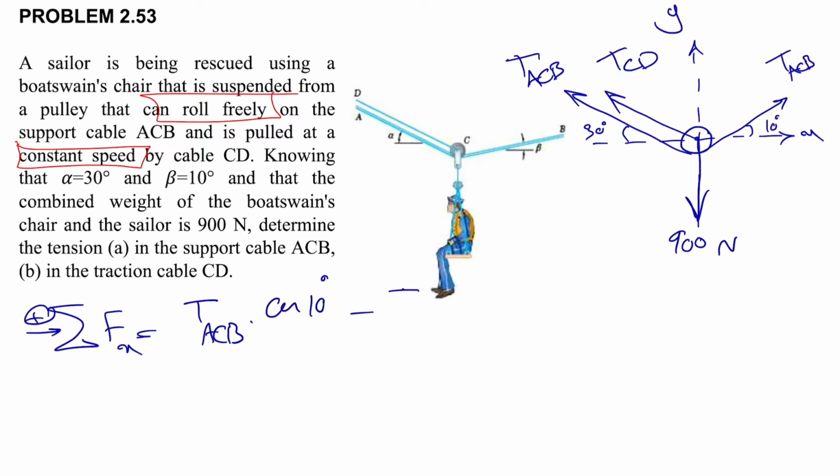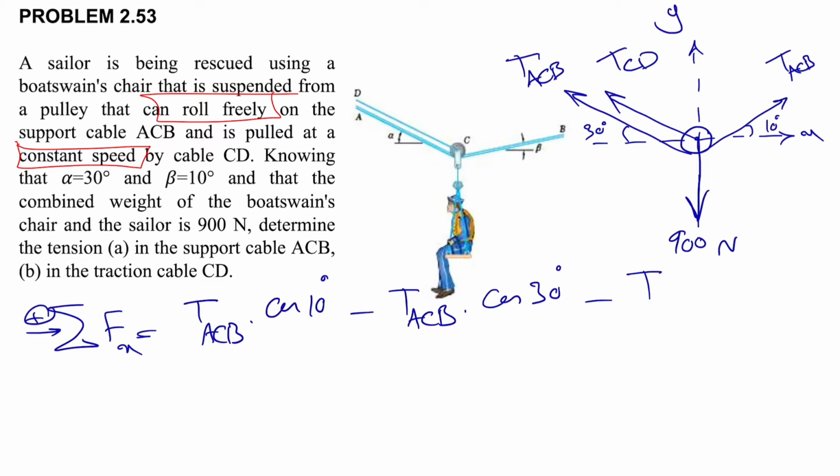So let's start with the sum of all forces in the x direction. So we have the cable TACB times cosine of 10 degrees. We have again TACB, this time in a negative direction since it is opposite to x.